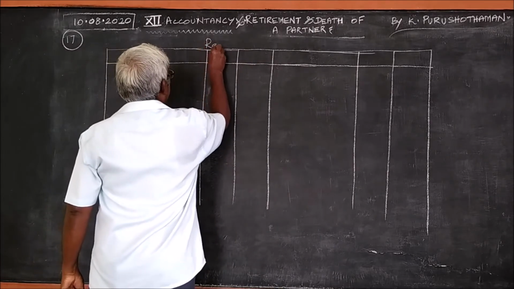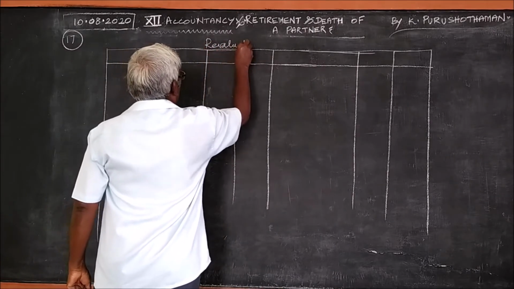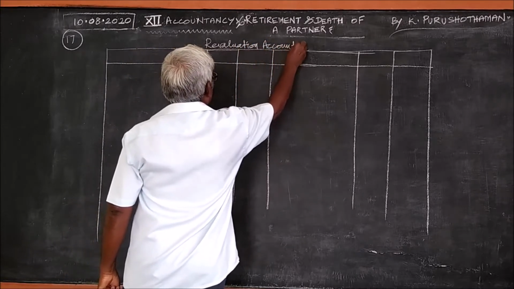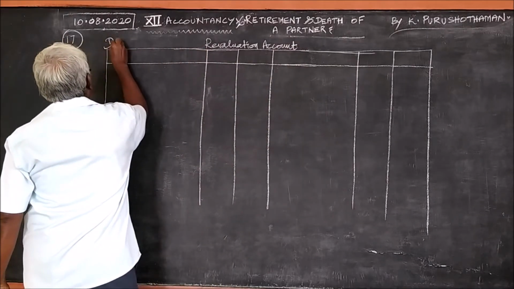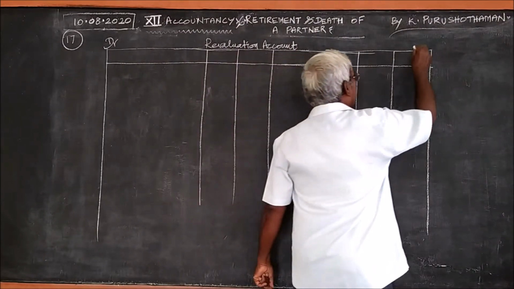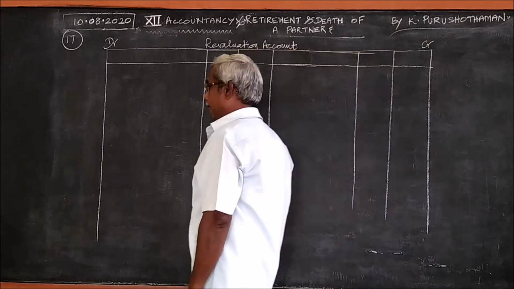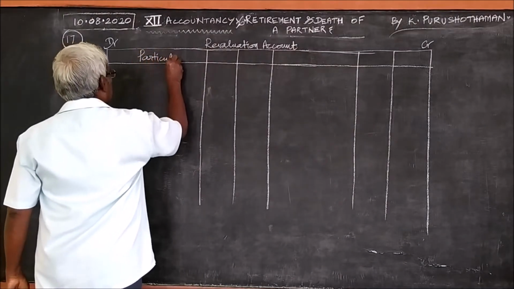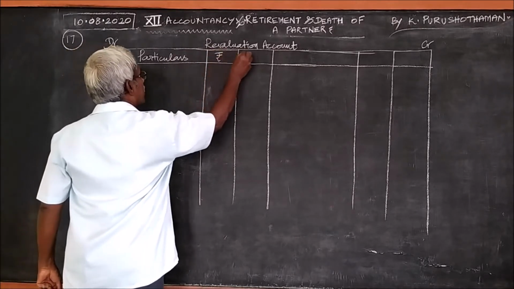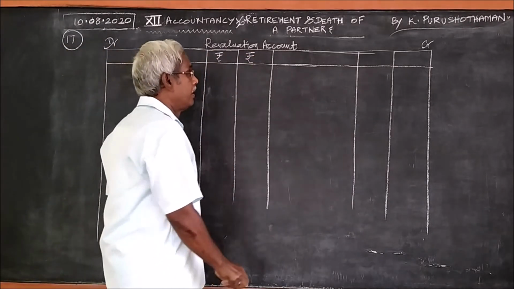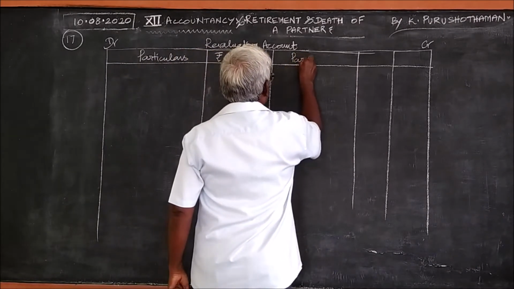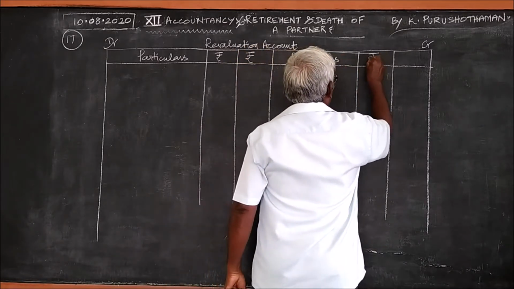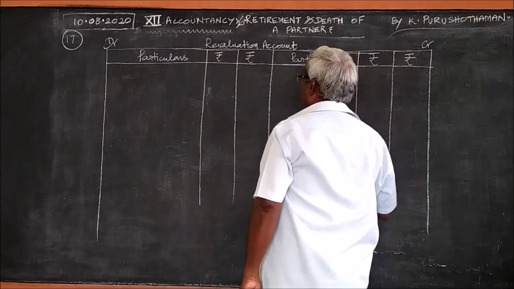I repeat again and again. Why are we writing like that? This is a revaluation account. Since it is an account, debtor creditor, we should write it in ledger line. Particulars, rupees. Then this one, particulars, rupees. Right.